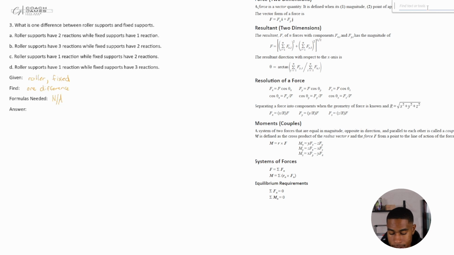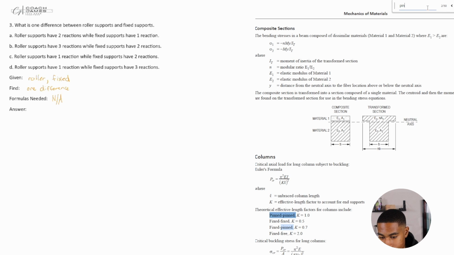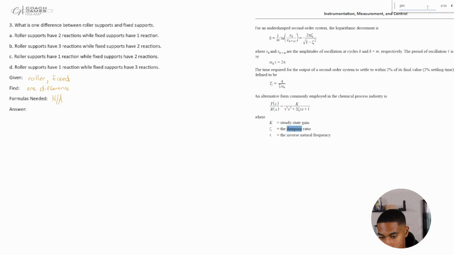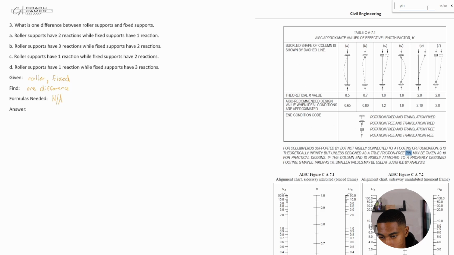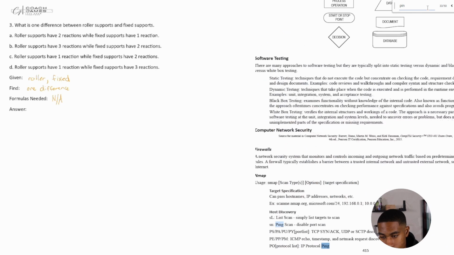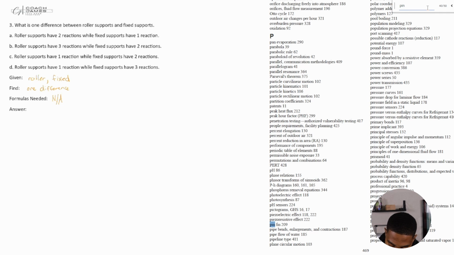Let's actually see if they have a pin, if they show the number of reactions. I don't think the handbook ever shows you how many reactions a pin has. You just have to know that it has 2 reactions, right? Sorry, a roller. Looking for a roller, not for a pin, but either way, they don't typically show the number of reactions.